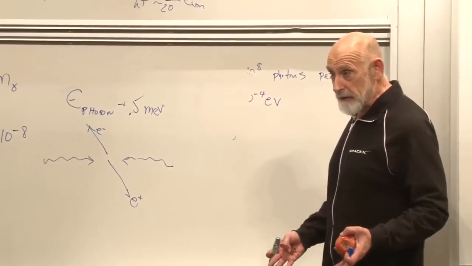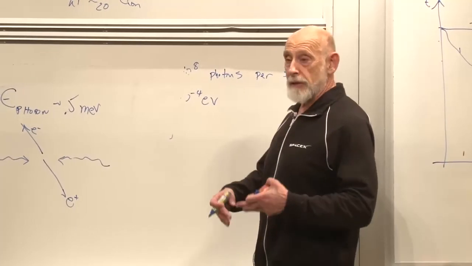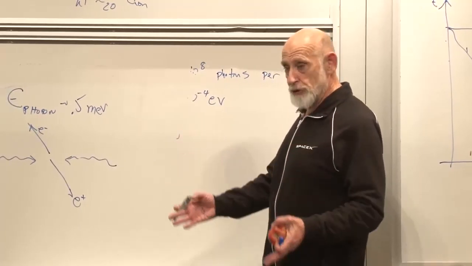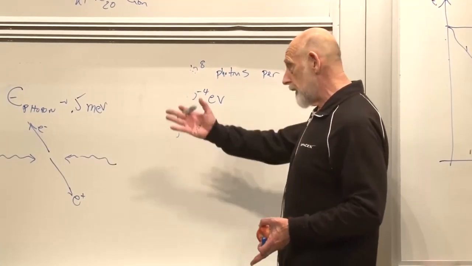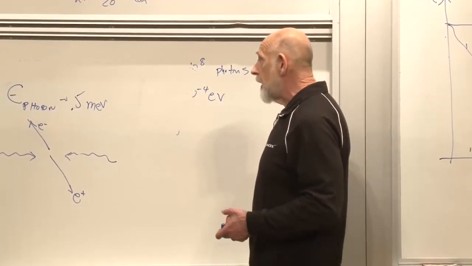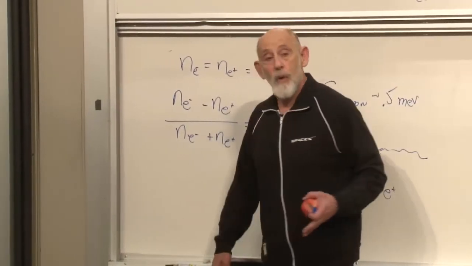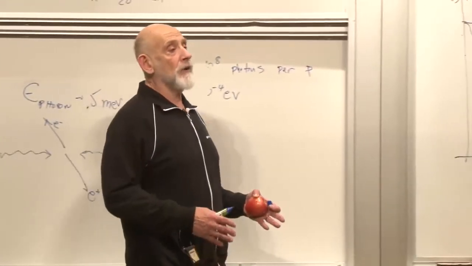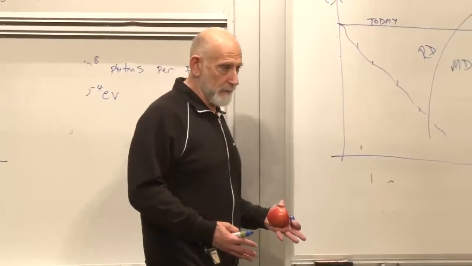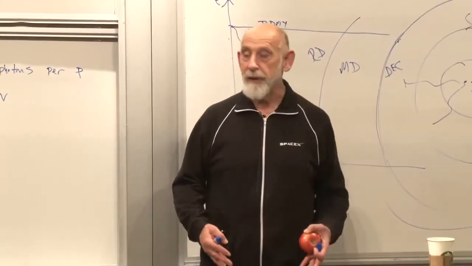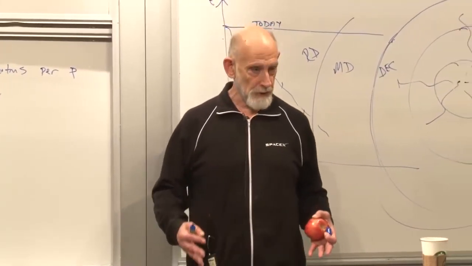The photons scatter. When they scatter, they thermalize, and their temperature comes below the temperature needed to make electrons and positrons. And so if the number of electrons and positrons were equal, essentially all the electrons and positrons would annihilate and there would be none left, or almost none left.